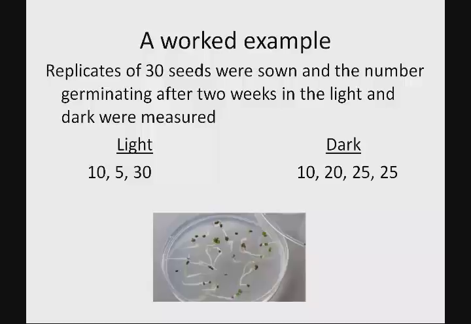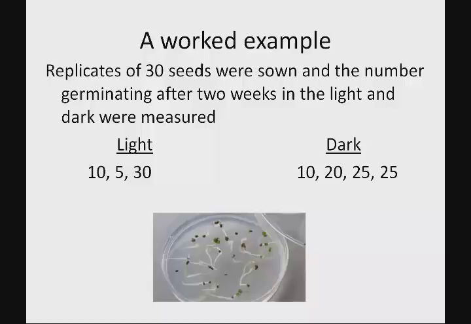So in the light, one petri dish had 10 germinated, 5 germinated in another, and a full 30 in a different one, and these are the numbers that germinated in the 4 petri dishes that we used in the dark. One of the things that this shows, this will be an unpaired t-test, is that you don't have to have equal sample sizes in both treatments.